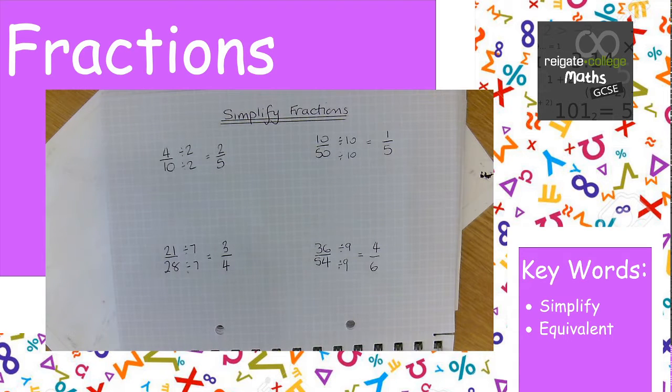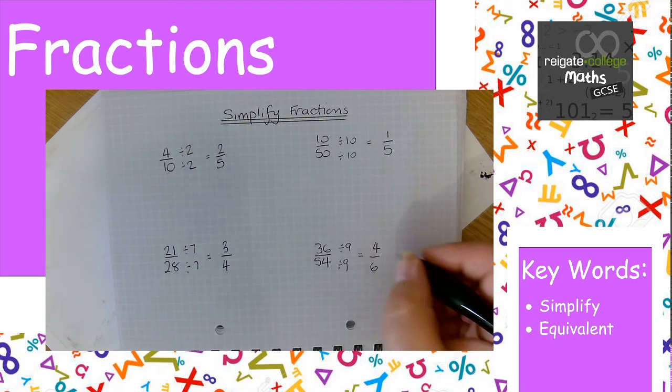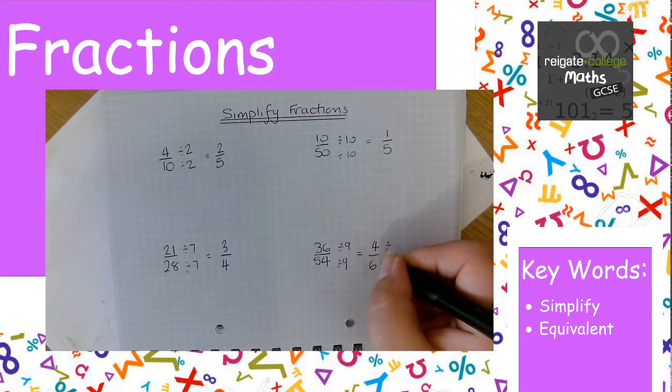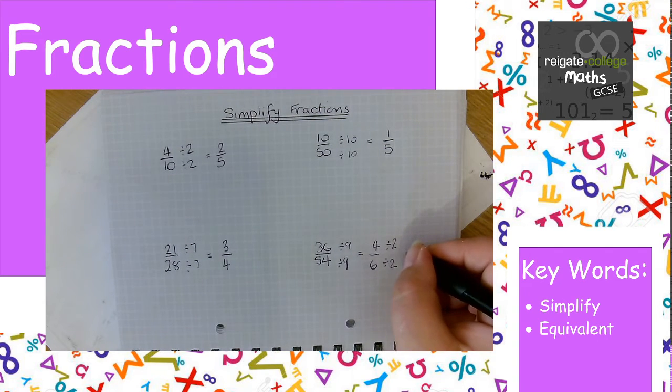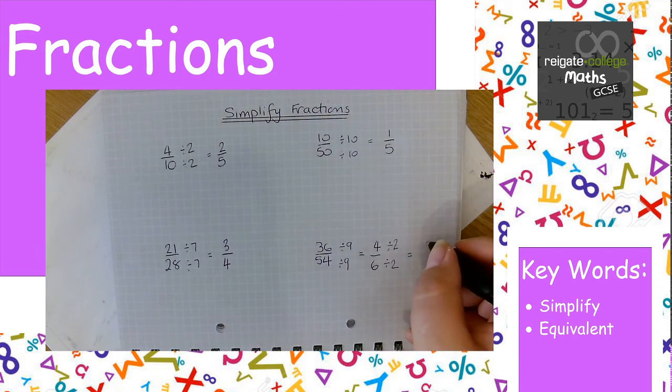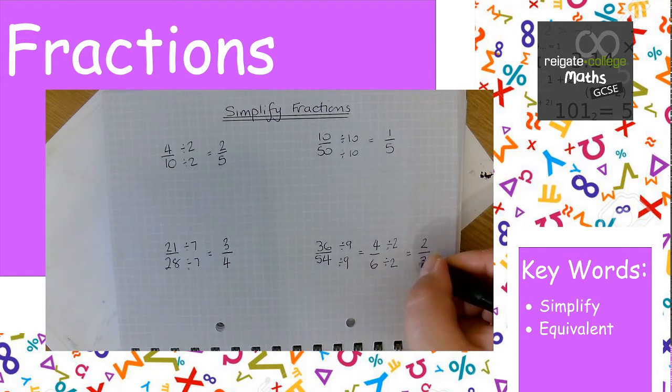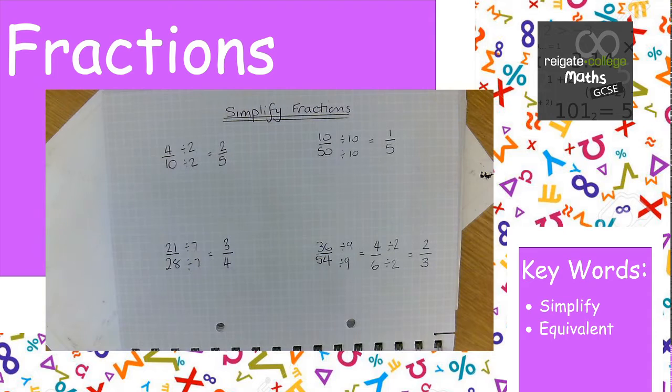But what I then notice about my simplified fraction is I still have 2 even numbers, which means they're not actually in their simplest form yet. So I'm going to go a step further and I'm going to divide both of these numbers by 2. 2s into 4 go 2, 2s into 6 go 3, so I've simplified my fraction to 2/3, taking 2 steps.